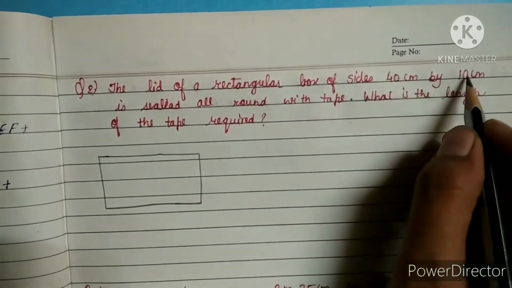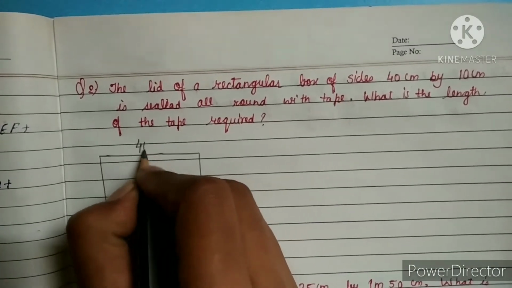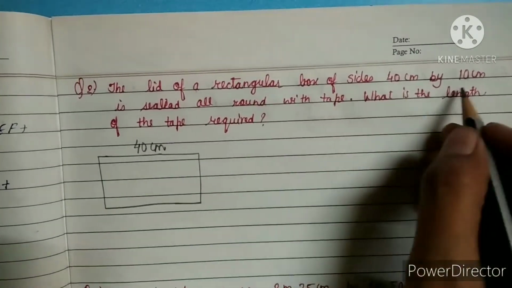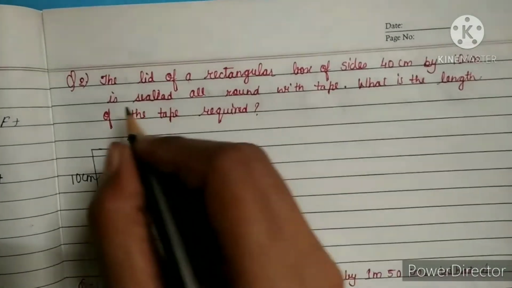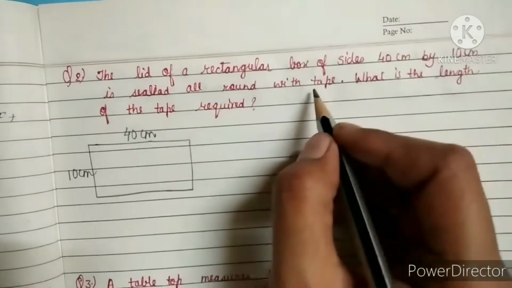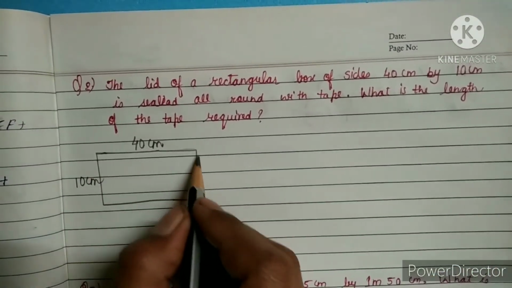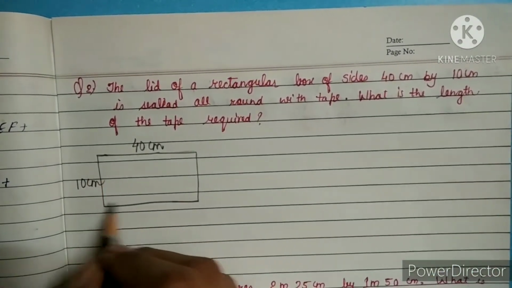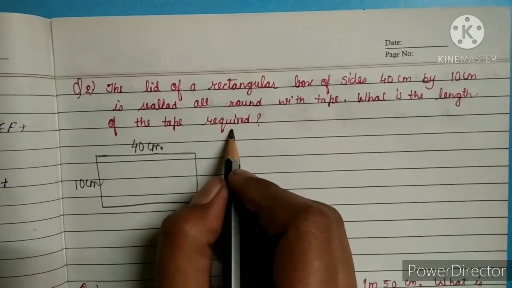So 40 is greater than 10. It means 40 will be length and breadth is 10 centimeter. It is sealed all around with tape. So it means that the rectangular box is sealed with tape. What is the length of the tape required?